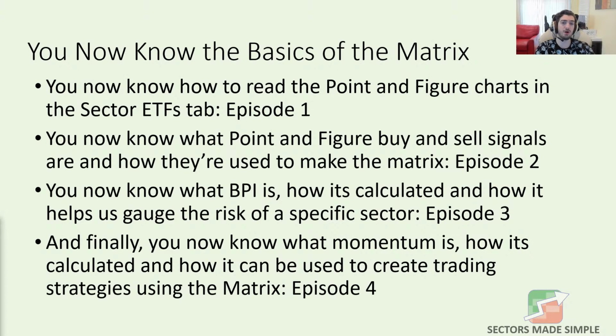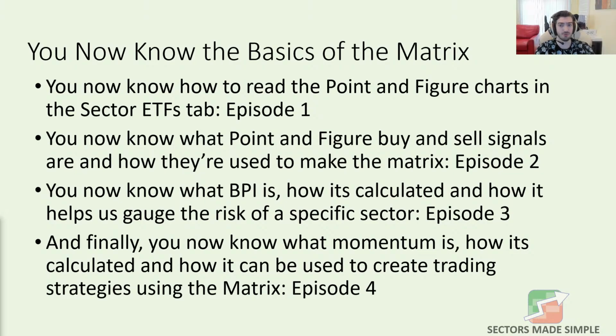In episode 1, we learned how to read a point and figure chart. We learned what point and figure is, how it is different than other types of bar, candlestick, or line charts, and how to read the X's and O's of it.